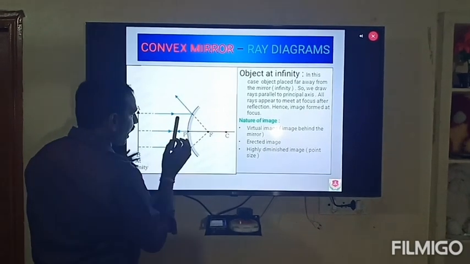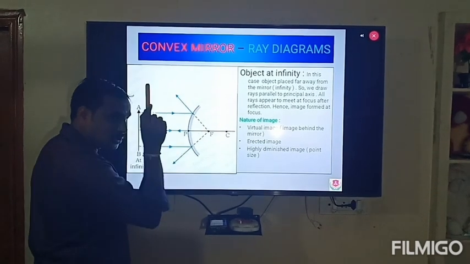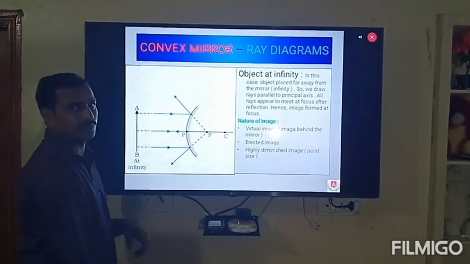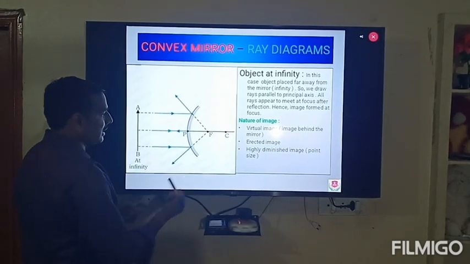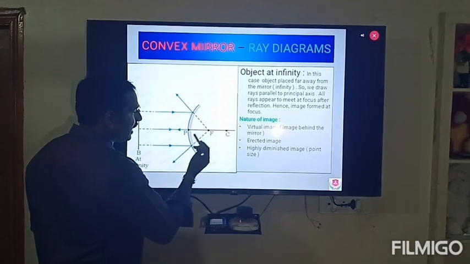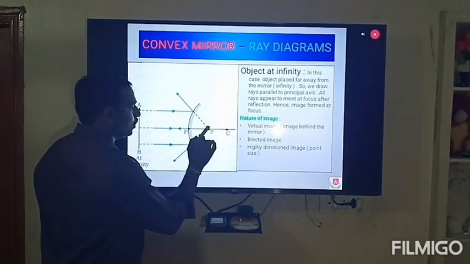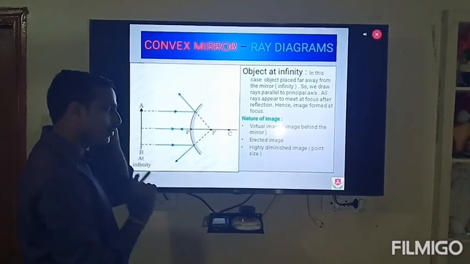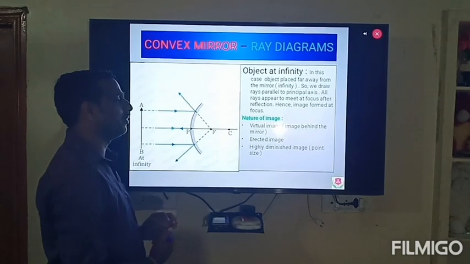These rays, as per the rule, diverge and appear to be diverging from the focus, we know. So the image is formed at focus, because these two reflecting rays appear to be diverging from focus. So the image is formed at focus, that is beyond the reflecting surface.